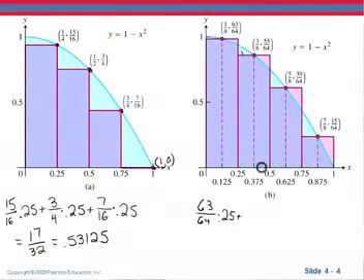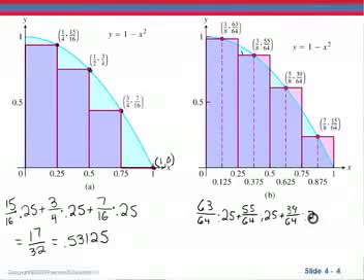Our next one is also 0.25 by 55 over 64 plus, this one's also 0.25 by 39 over 64. And then the last one is 0.25 by 15 over 64.